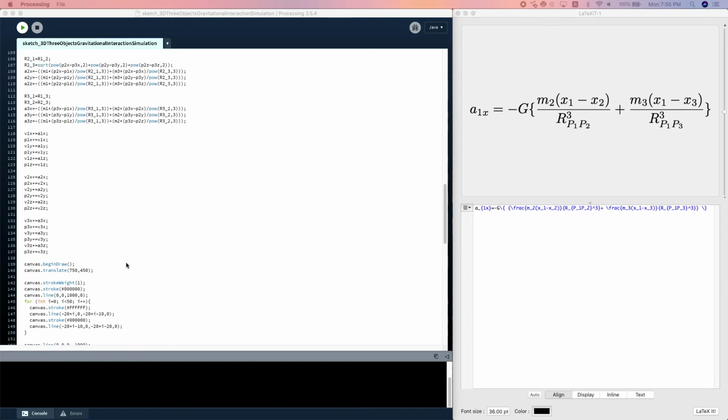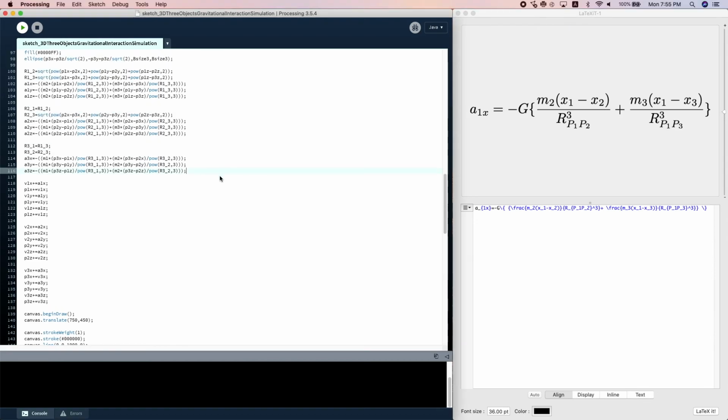After we assign our acceleration values, I'm going to say, if a1x is bigger than something like 0.4, then just set it as 0.4. So don't let it surpass the value of 0.4.